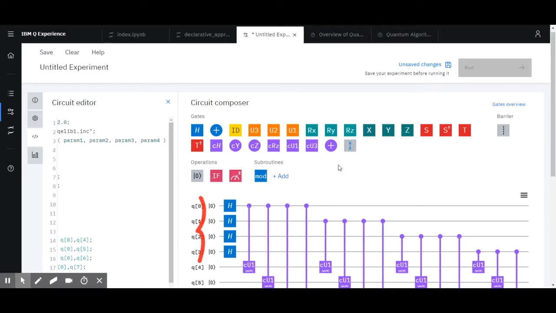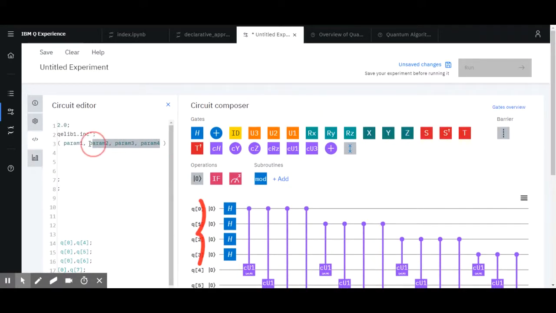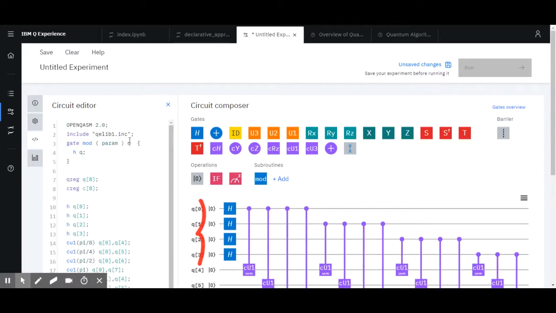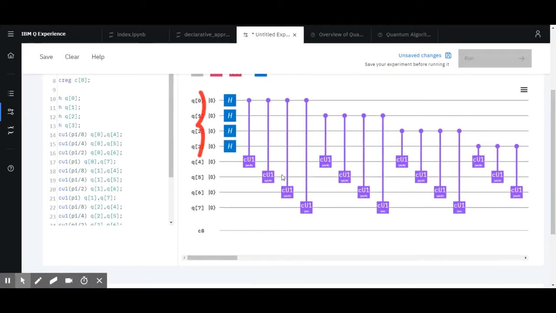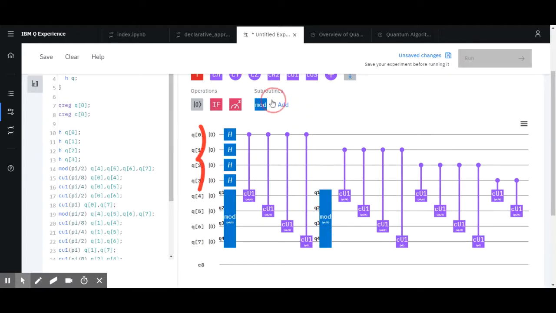I think I can do that, yeah? Or it's going to break again. I don't want the parameters. I want Q1, Q2, Q3, Q4, and that's what it does, exactly.